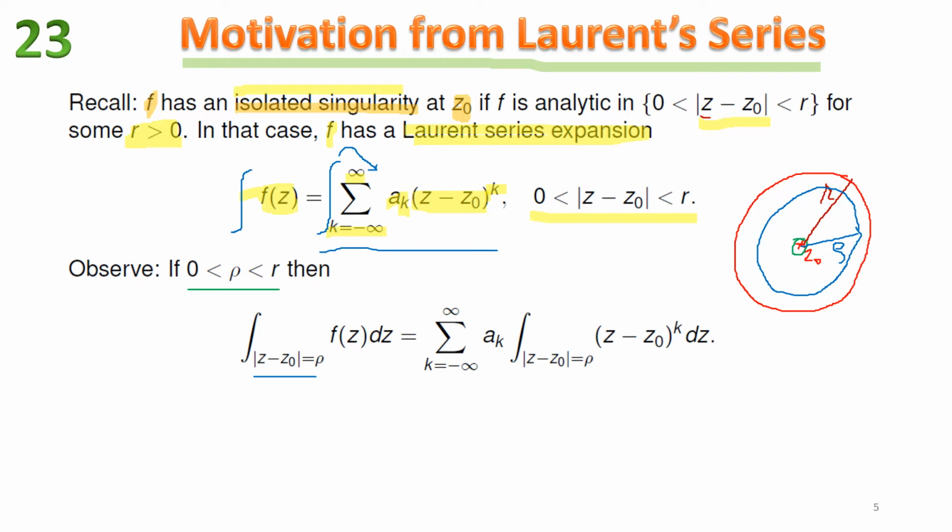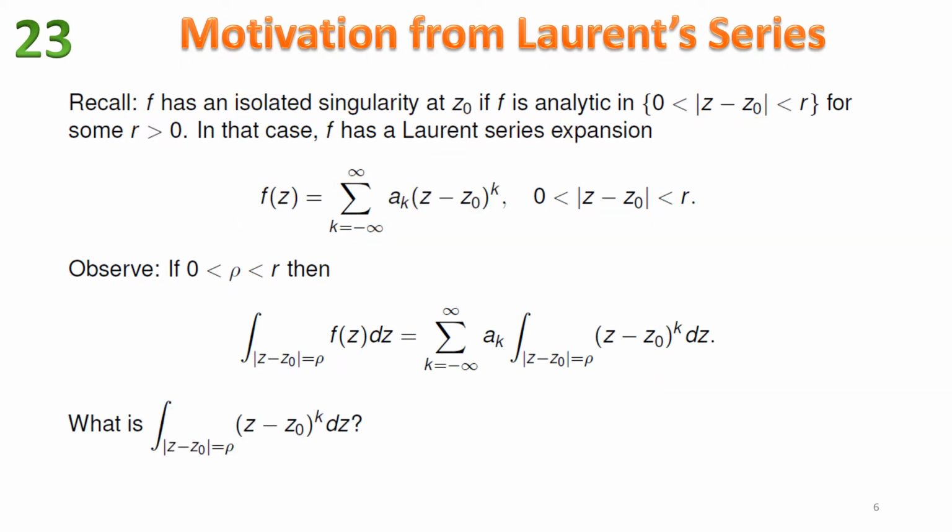So we have summation k running from minus infinity to plus infinity ak into integration z minus z0 to the power k dz, where we are having integration that rolls around a closed contour of radius rho. On left hand side also the same thing, but for the function f of z. Now the immediate question is, what is the value of this integration?